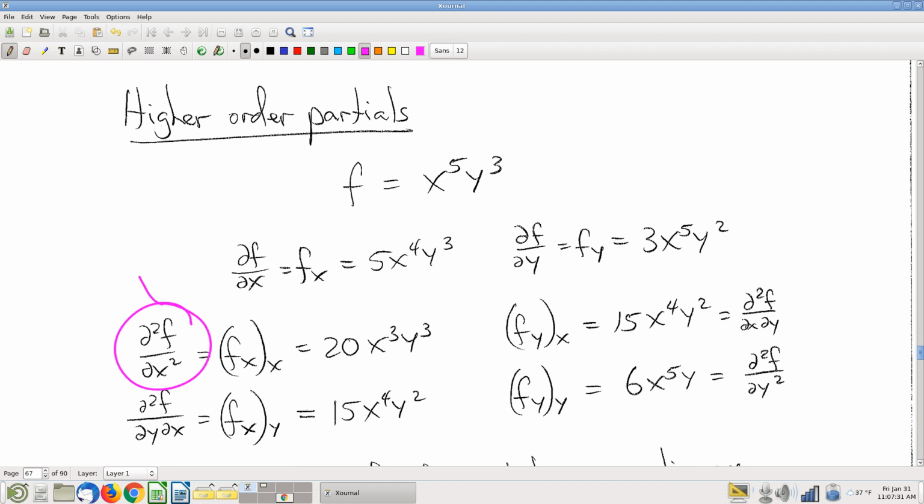You'll notice that's kind of what you get if you take the partial with respect to x and then take the partial of that with respect to x. So, if you will, this first x partial is there, and then you're taking an x partial of that.